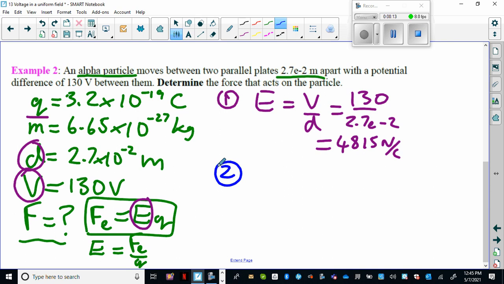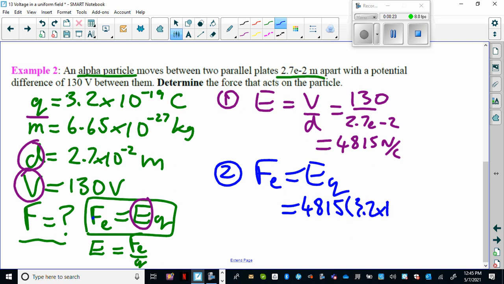And then in step 2, to calculate the force, we can just use this formula here. 3.2 times 10 to the negative 19, and we get an answer of 1.5 times 10 to the negative 15 newtons.